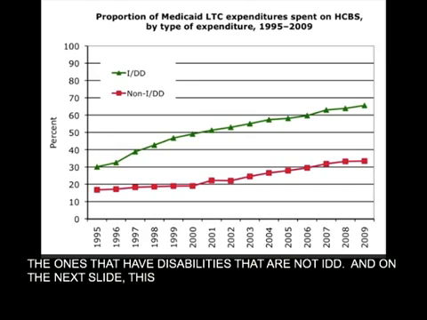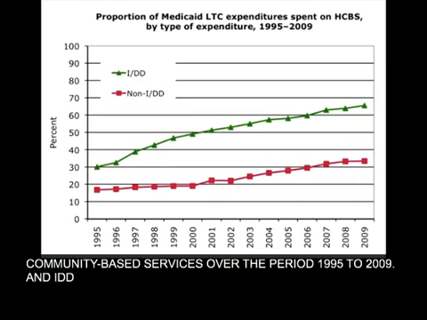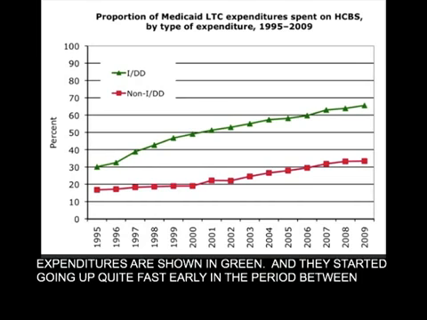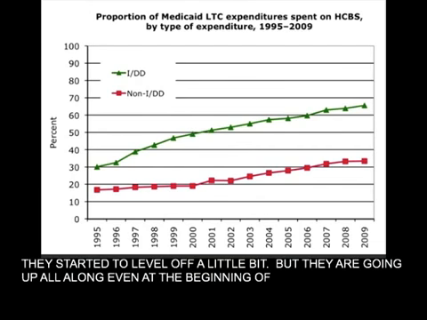Basically, this is a slide showing the proportion of long-term care expenditures that went to home and community-based services over the period 1995 to 2009. IDD expenditures are shown in green, and they started going up quite fast early in the period, between about 1996 and say 2000, and then they started to level off a little bit.